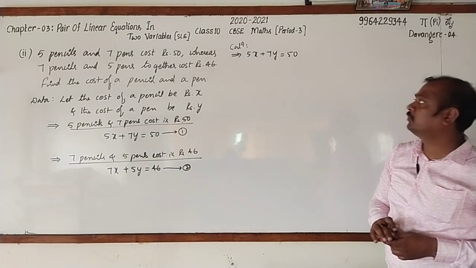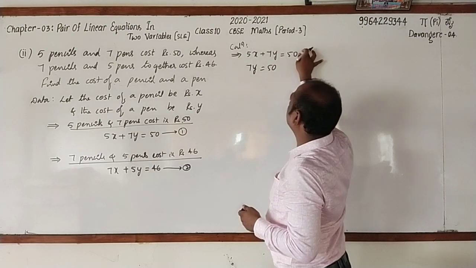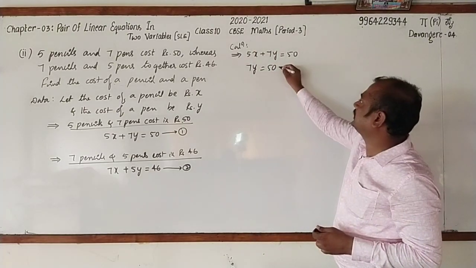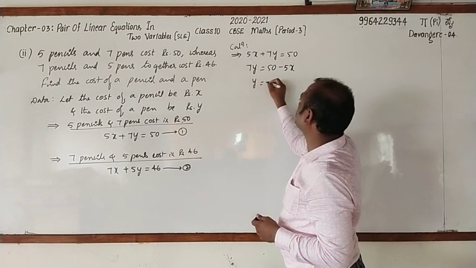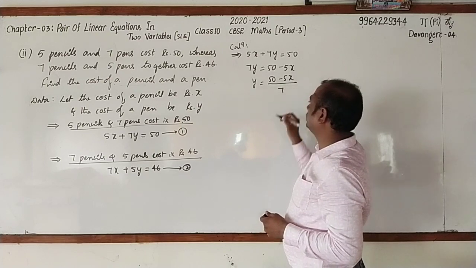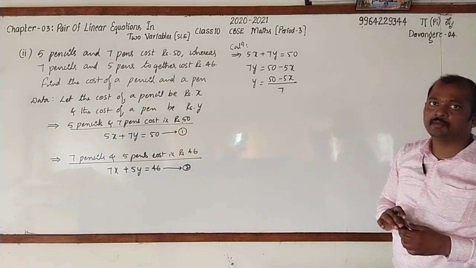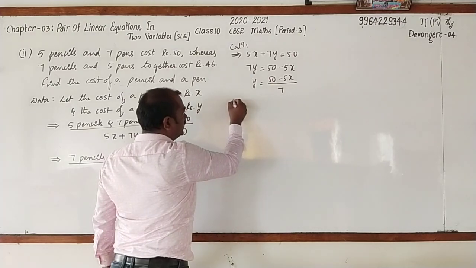Let us solve for y. Then 7y is equal to 50, transfer 5x to the right-hand side, it is minus 5x. Then y is equal to (50 minus 5x) divided by 7. Clear? Next, let us find the coordinate points.